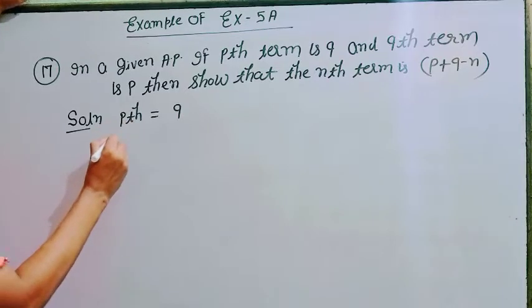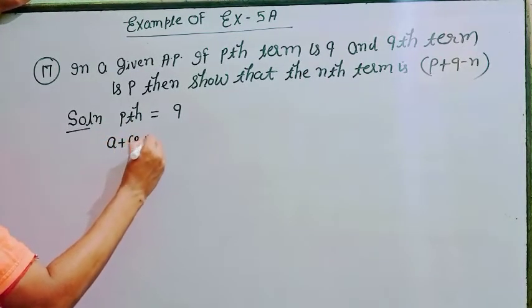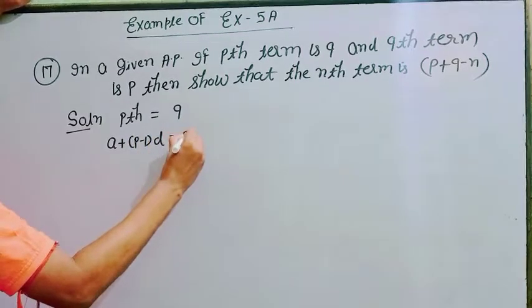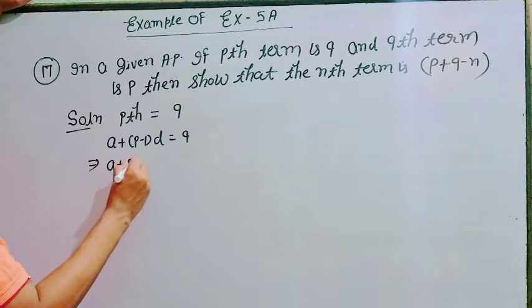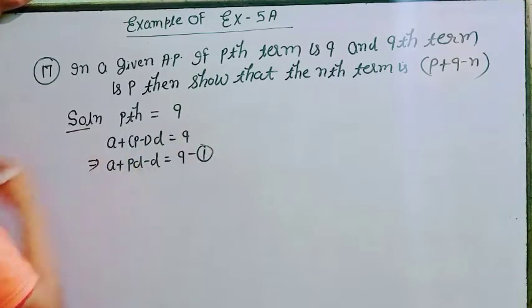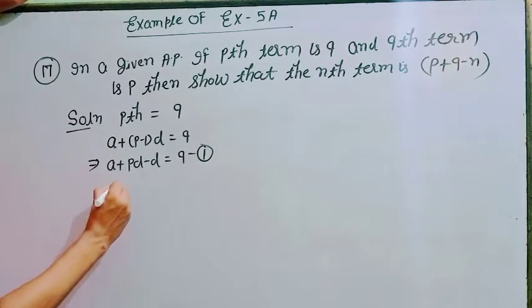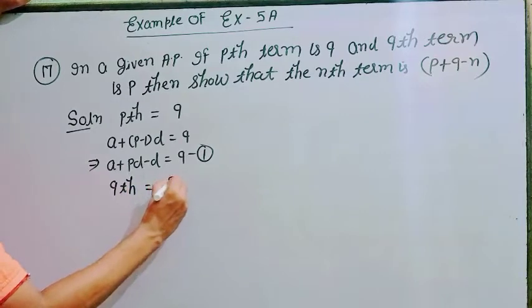So what is the pth term? You write it is a plus p minus 1 into d is equal to q. That is a plus pd minus d is equal to q. It is the first equation. And next is the qth term, that is p.